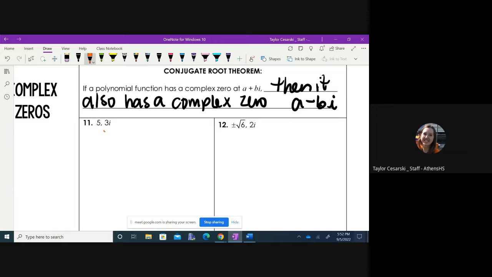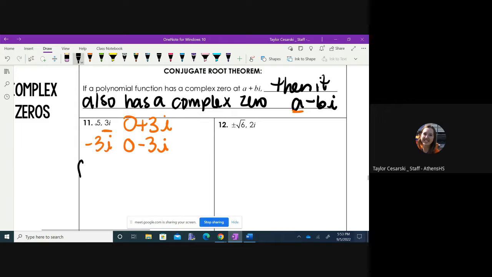All right, so this 3i is really 0 plus 3i, if you're thinking about it in a plus bi form. So then the conjugate would be 0 minus 3i, or just negative 3i. So I have 3 total roots here, 2 imaginary, 3i and negative 3i, and 1 real at 5.